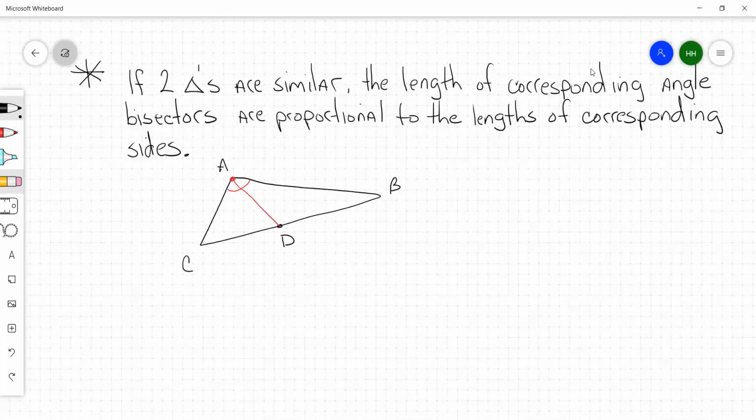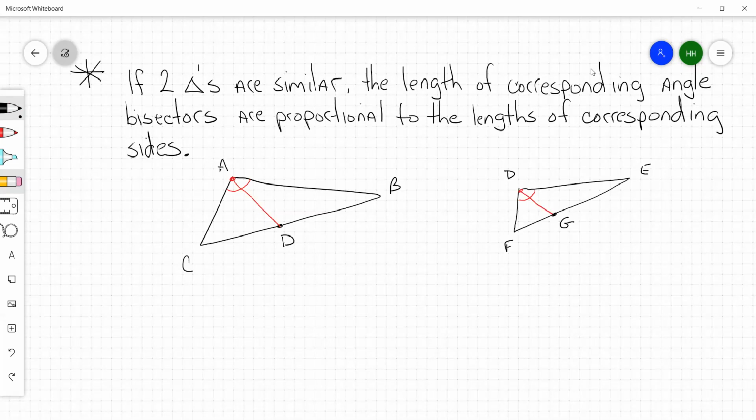And then if we got a triangle over here on the right, DEF, and it's got a segment coming out of D that splits angle D in half. And if segment DG splits angle D in half, then it's an angle bisector.